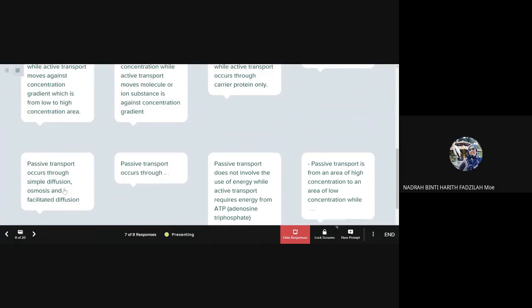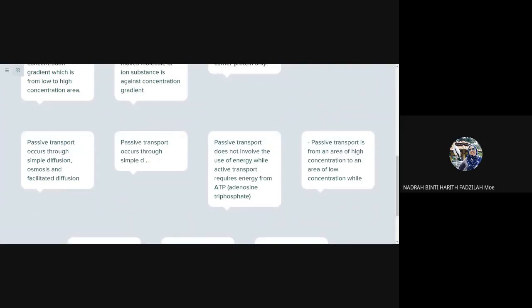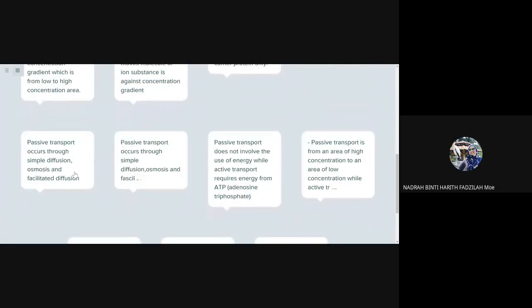Cuma untuk student yang jawab passive transport occurs through simple diffusion, osmosis and facilitated diffusion, tambah sikit pada ayat kamu tu pasal active transport. Okay, mungkin kamu boleh tambah there is no variation of transport for active transport, kan? Tapi kalau passive transport ada 3 variation, sama ada simple diffusion, osmosis and facilitated diffusion.